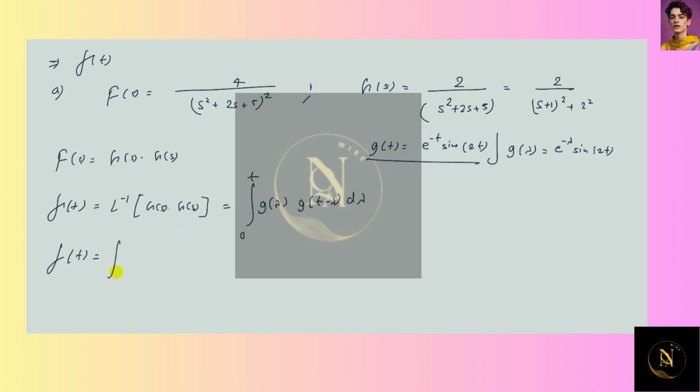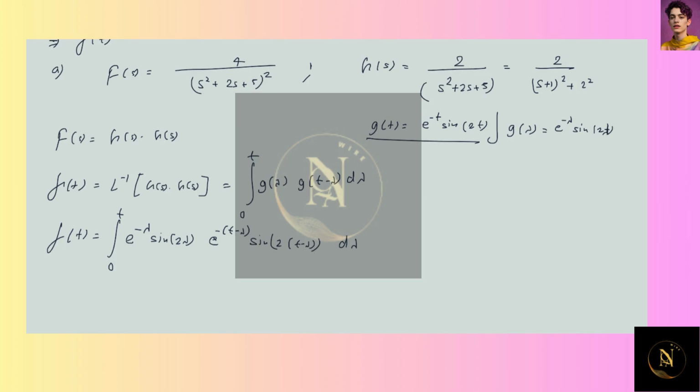We can put the value: integration from 0 to t of e to the power minus lambda and sine of 2 lambda, and g(t minus lambda), that means e to the power minus (t minus lambda), and sine of 2 times (t minus lambda), d lambda.